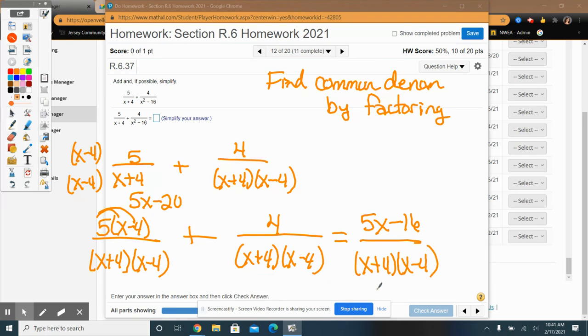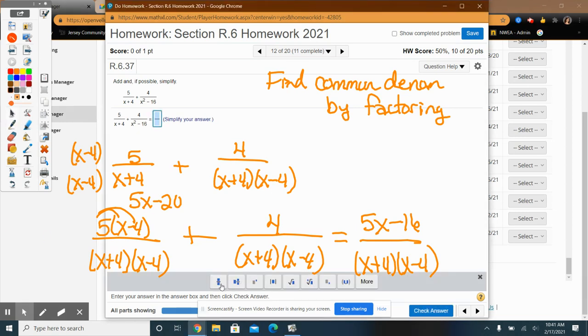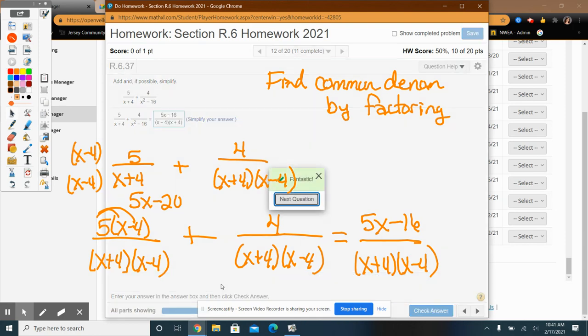So if you're thinking about domain, x cannot be negative 4 and 4, but we can add those two fractions and simplify it out. We get 5x minus 16 over x minus 4. Okay.